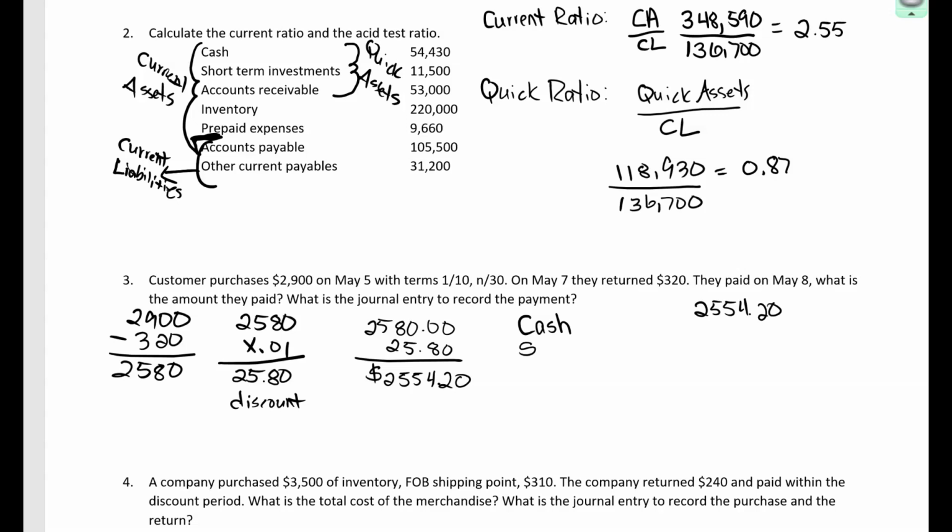Then they want to record the sales discounts that they gave them of $25.80. Now, sitting in accounts receivable is the full amount of the $2,900, so we need to take that out. Accounts receivable credit of $2,900.